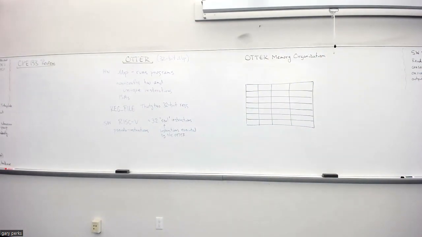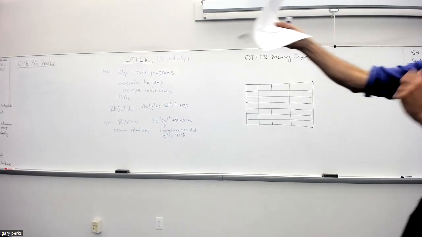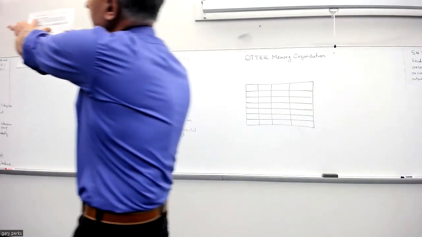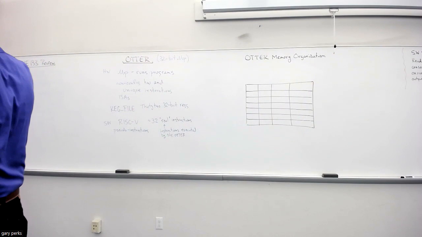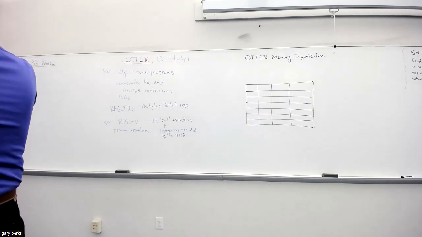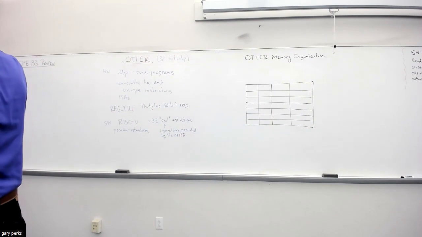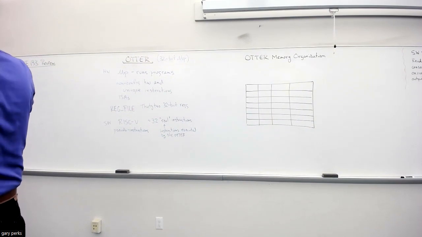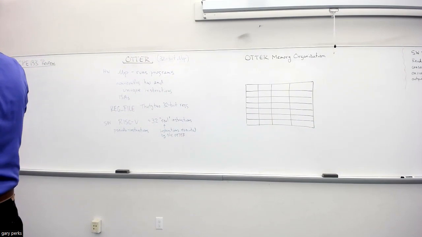On this page of the handout that you have, the one at the top, it has RISC-V registers. These are the registers inside that reg file. So you have a register X0, and then you can see it has an alternate name, X1 with an alternate name, and so on.